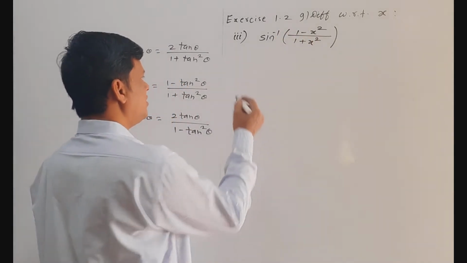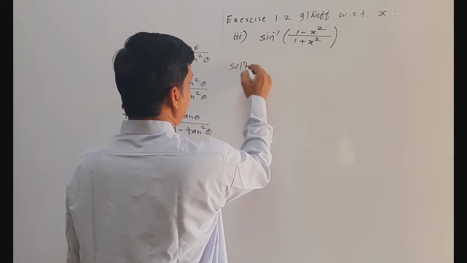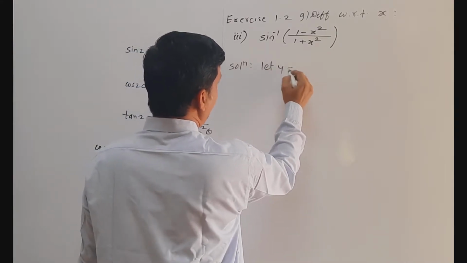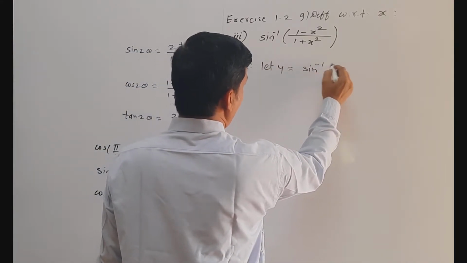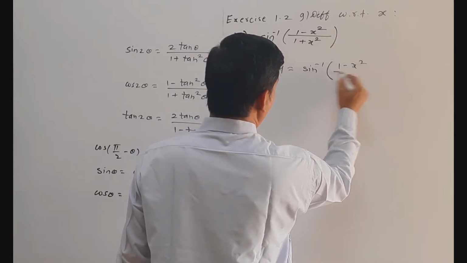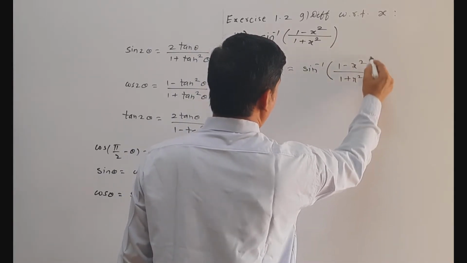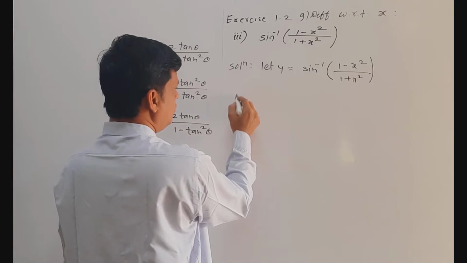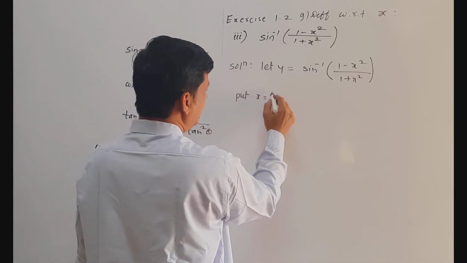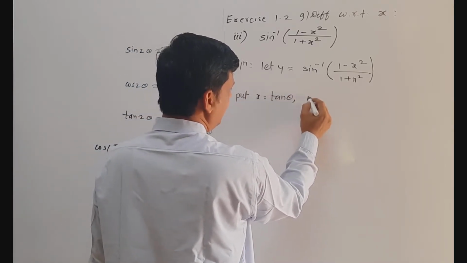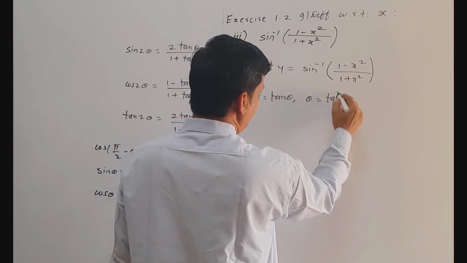So see here procedure. In solution we write here, let y is equals to sin inverse of 1 minus x square upon 1 plus x square. So put x is equals to tan theta, therefore theta is equals to tan inverse of x.